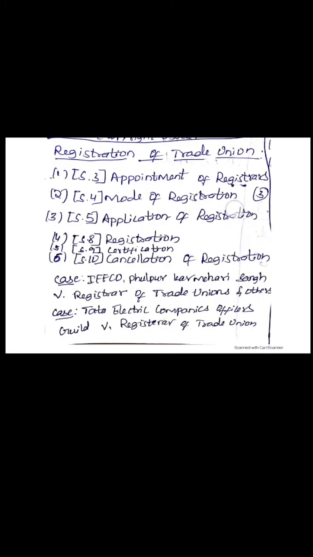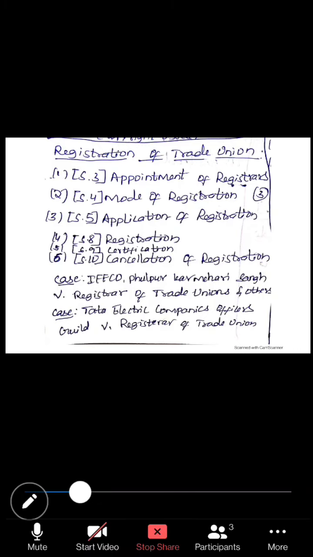And during registration, if more than half of the members of the trade union just leave, then the registration will be considered as invalid. So there should be 7 members. Then they can apply for registration.